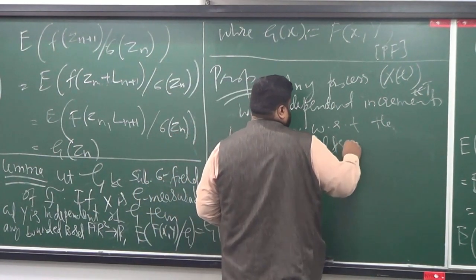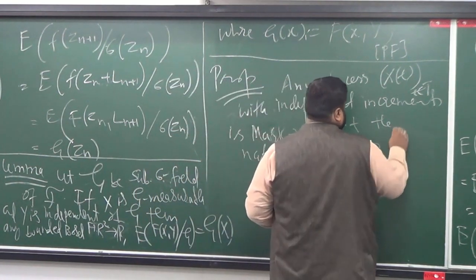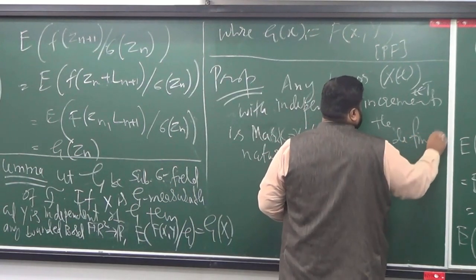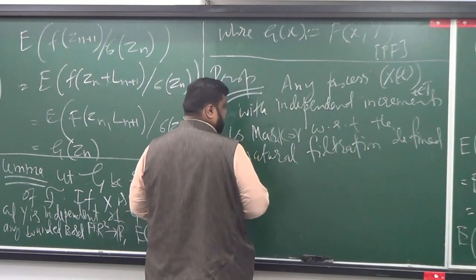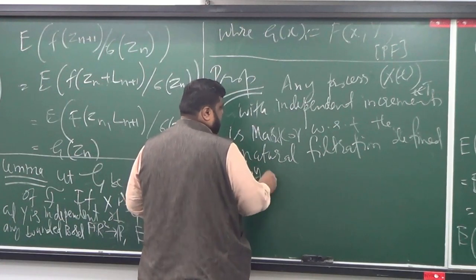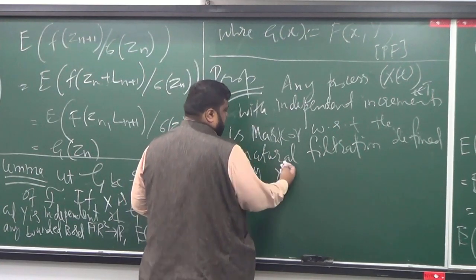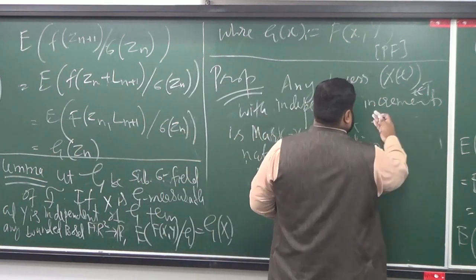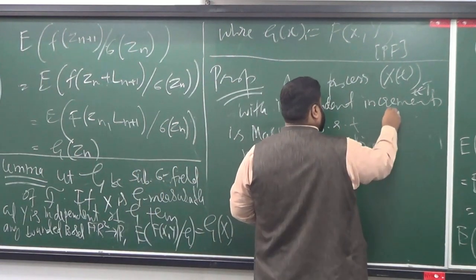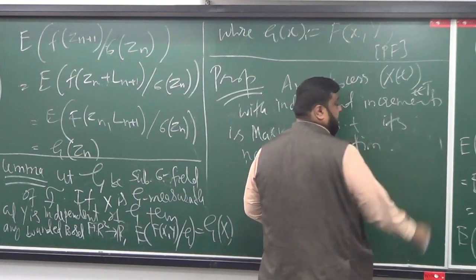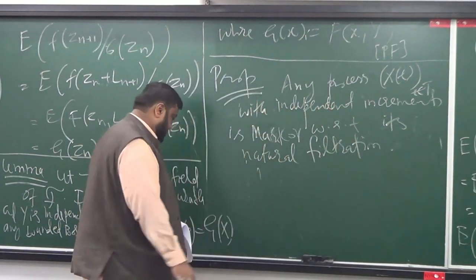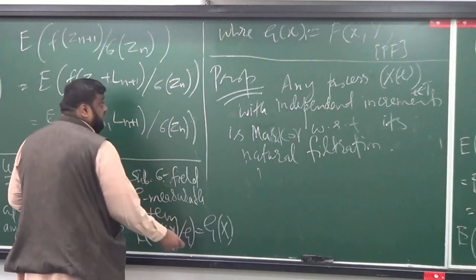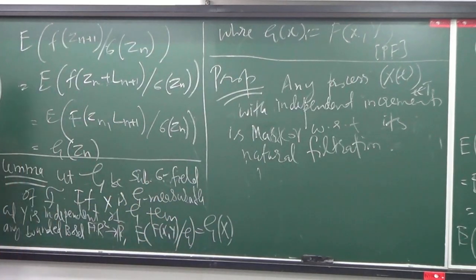The natural filtration is defined by the process itself. Not in general, but yes, with respect to its natural filtration. So any process that has independent increments must be Markov.